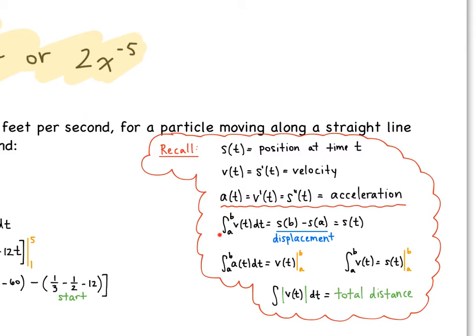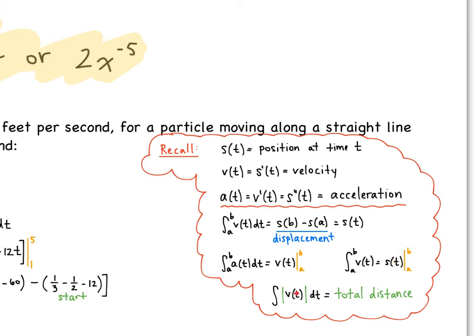Taking the integral from a to b of our velocity gives us our position, but we can think about this as our displacement when we're talking about particles. And remember that the integral from a to b of our acceleration gets us back to our velocity. The integral of our velocity gets us back to our position.